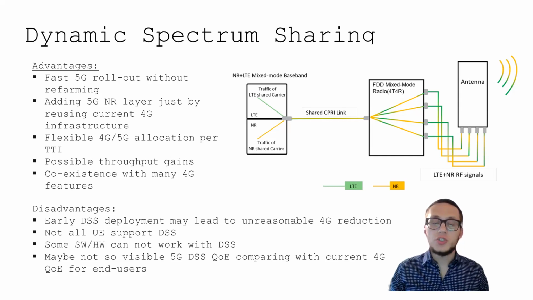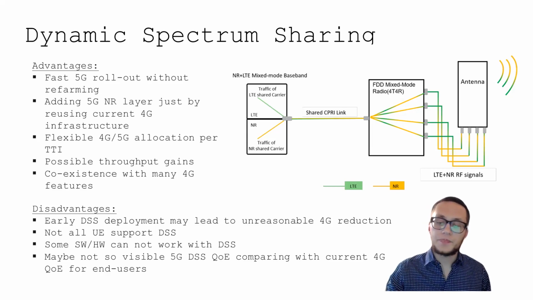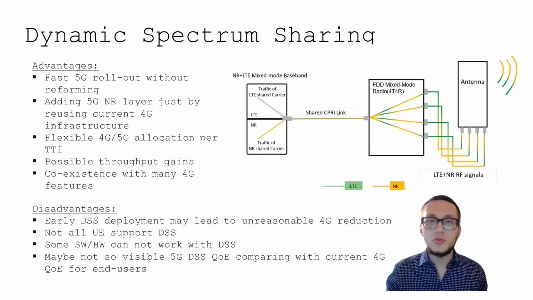The main disadvantage, I would say, is that we can unreasonably reduce 4G capacity if we underestimate the amount of 4G and 5G users that support DSS mode.